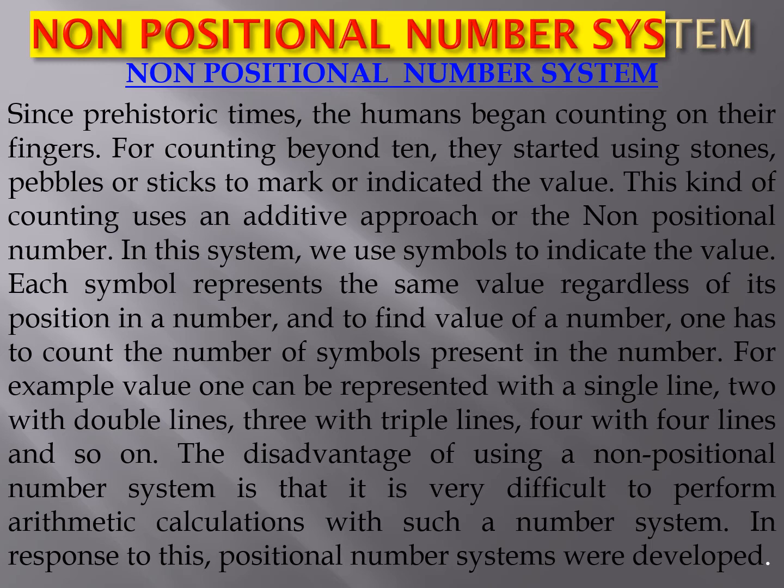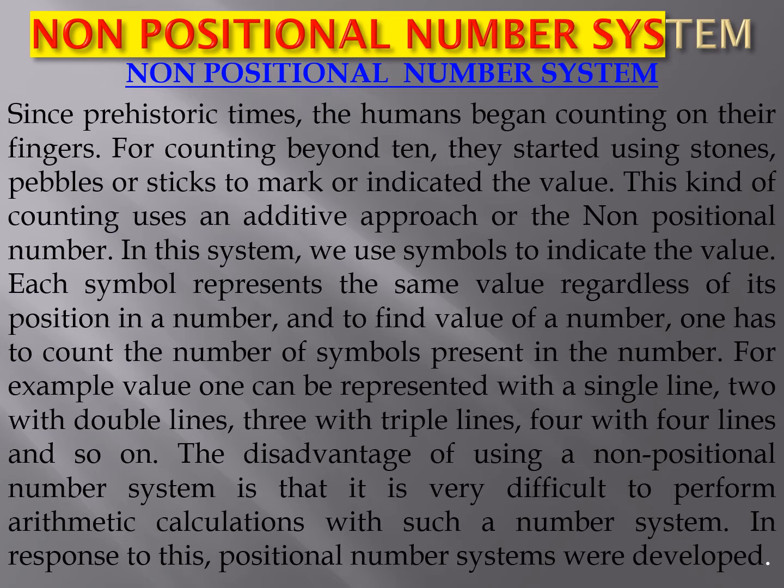Each symbol represents the same value regardless of its position in a number, and to find the value of a number, one has to count the number of symbols present in the number. For example, the value 1 can be represented with a single line, 2 with double lines, 3 with triple lines, 4 with 4 lines, and so on.